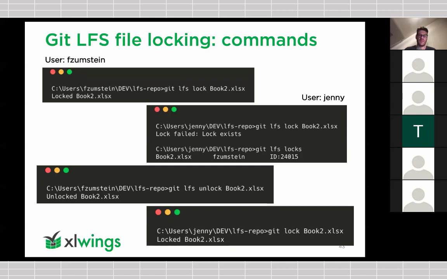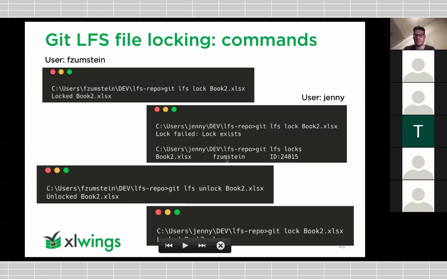And this is a little use case of how this would look in Git LFS. You start by acquiring a lock. You say, okay, I'm going to work on that workbook, and you just say git lfs lock and the name of the book, and you can see if you're successfully acquiring the lock. If nobody else has locked it, then you will get the confirmation here that the book is locked.